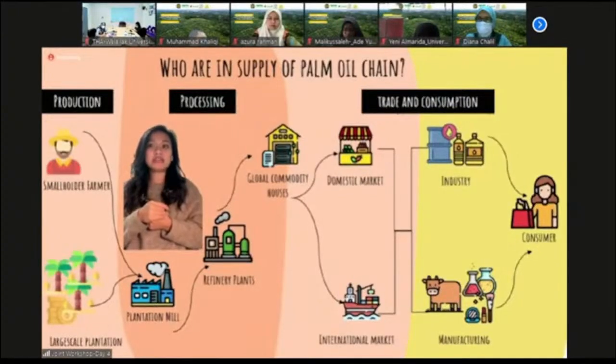Palm oil is a substance for many industries and many manufacturing, either food or non-food, for cattle feeding, for chemical products, or for beauty products such as cosmetic products before they become final products and are sent to the consumers.